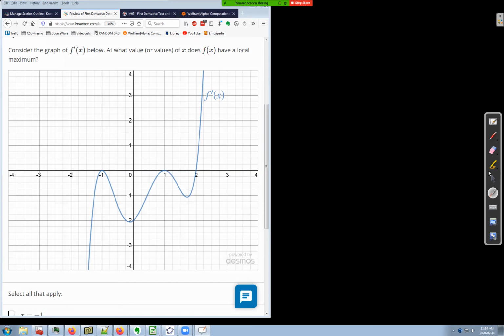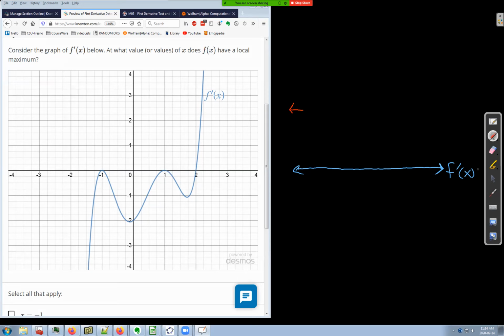Okay, so how am I going to do this? The way I'm going to do this, like I do all these problems, is I'm going to make number lines. So I make a number line for the derivative function, and that's where I'm going to be spending most of my time because that's the function that I can see.